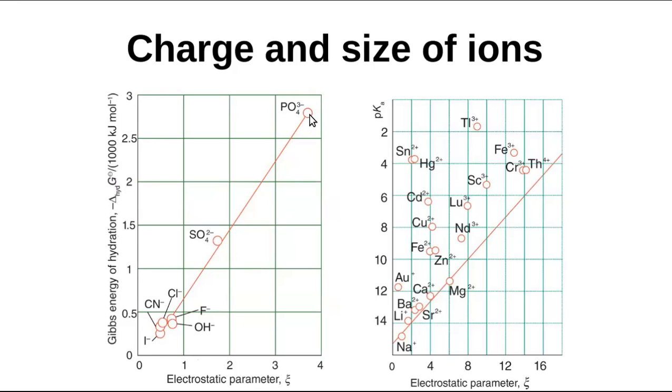This is times 1000 kilojoules, nearly 3000 kilojoules to be gained if phosphate ions from gas phase hydrate, and that means that it would certainly attract and form strong bonds to the solvent water. This could be viewed as the ability for the phosphate ions to act as a base.